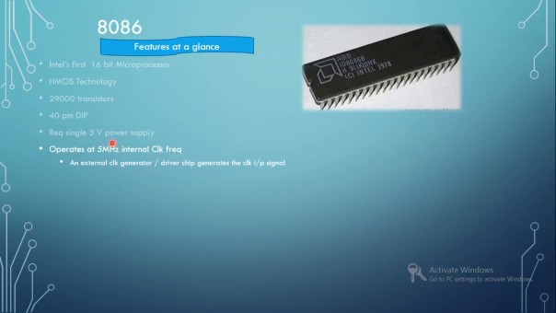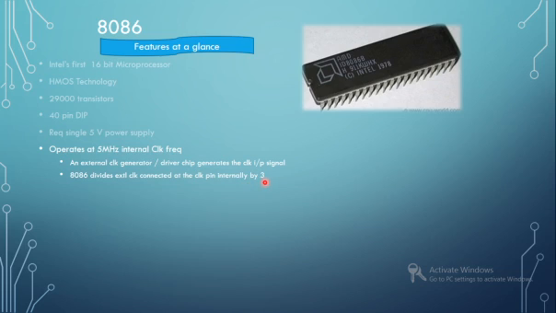In order to generate the 5 megahertz clock frequency for its operation, an external clock generator or driver chip will generate the input signal. The signal generated by the chip is given to 8086, which will be internally divided by 3.